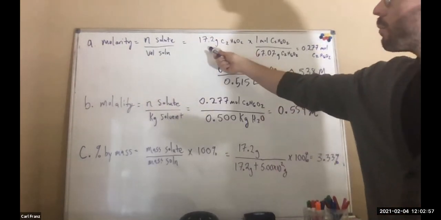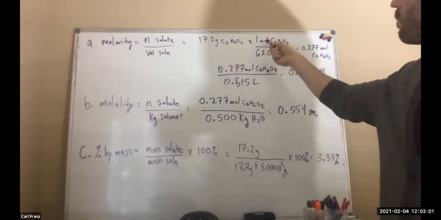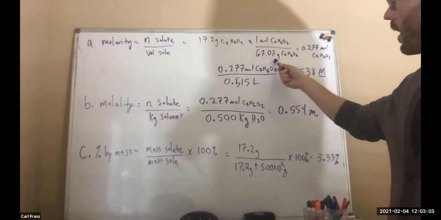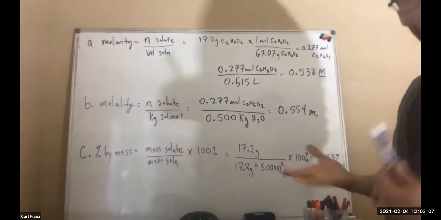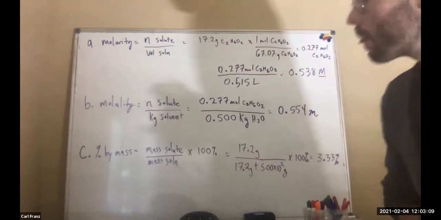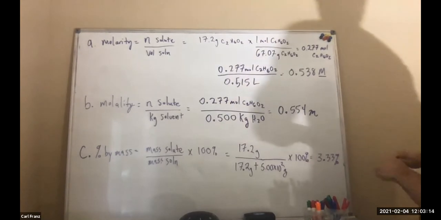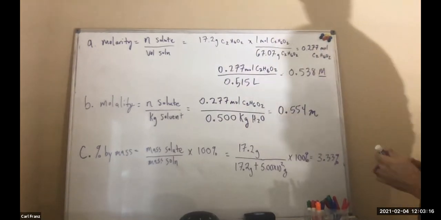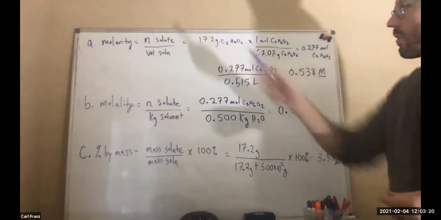So we have 17.2 grams of ethylene glycol times 1 mole over its molecular weight, which you add all up, you get 67.07 or somewhere around that. And that is going to now give you 0.277 moles. So that's our moles of solute.